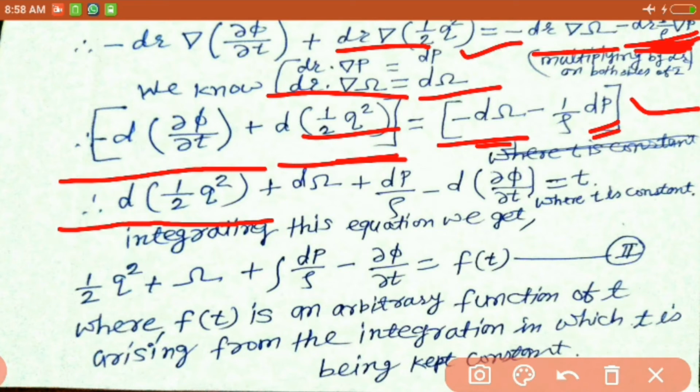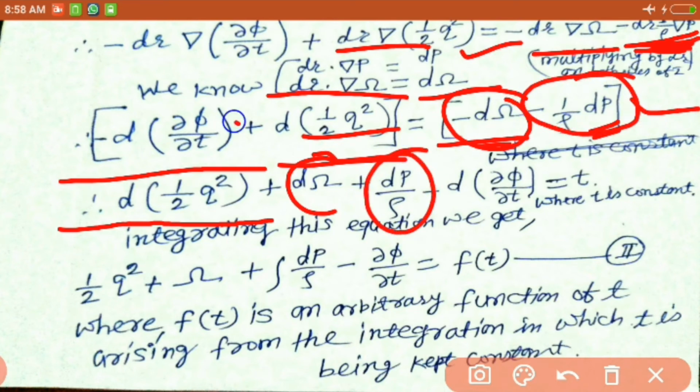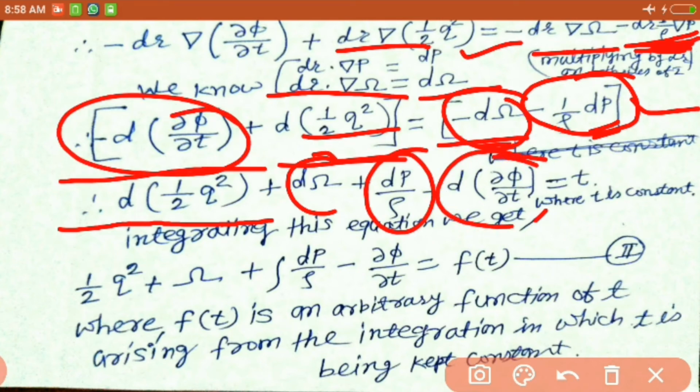plus this dΩ plus dp/ρ, and this minus the derivative of ∂φ/∂t, which is equal to constant t, and integrate this equation.